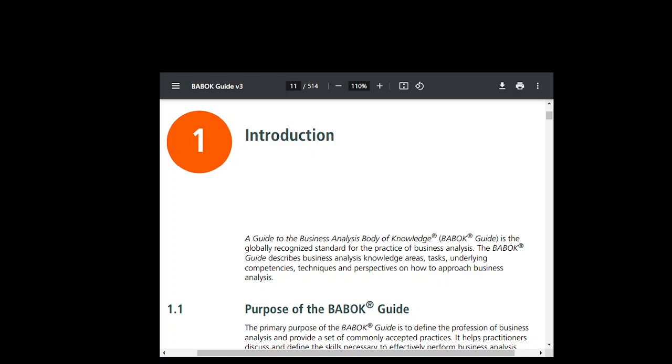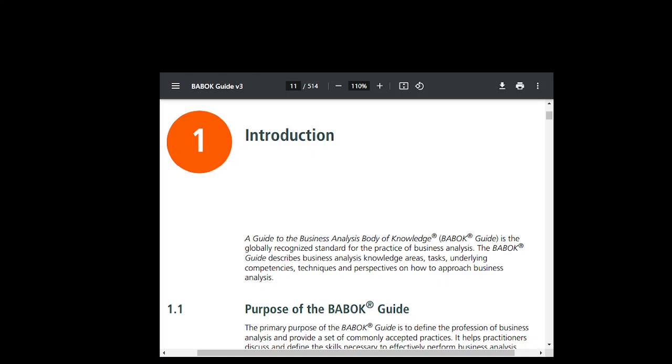And here it says that A Guide to the Business Analysis Body of Knowledge, BABOK Guide, is, sorry, I always call it book of knowledge, but it is body of knowledge, the globally recognized standard for the practice of business analysis. The BABOK Guide describes business analysis knowledge areas, tasks, underlying competencies, techniques, and perspectives on how to approach business analysis.